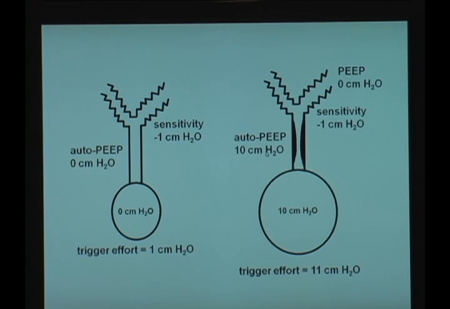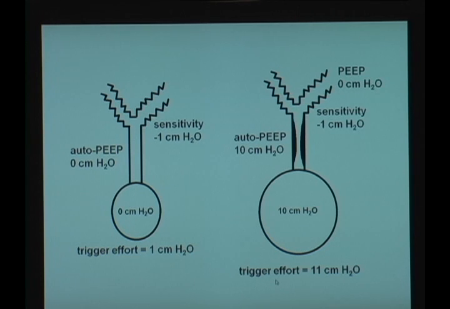So now the patient develops 10 centimeters of water of auto-PEEP. So now we put some resistance here in the airway. So at end exhalation, the ventilator is still set on a PEEP of 0. The end-expiratory alveolar pressure is 10.